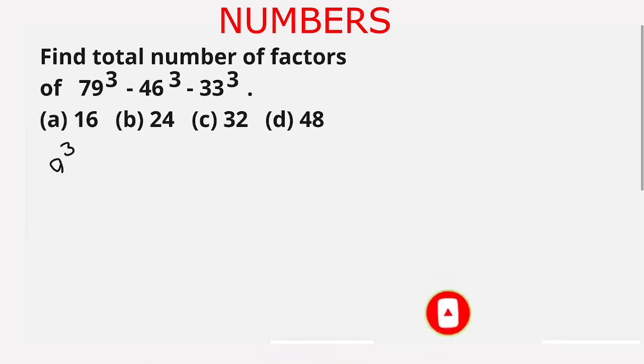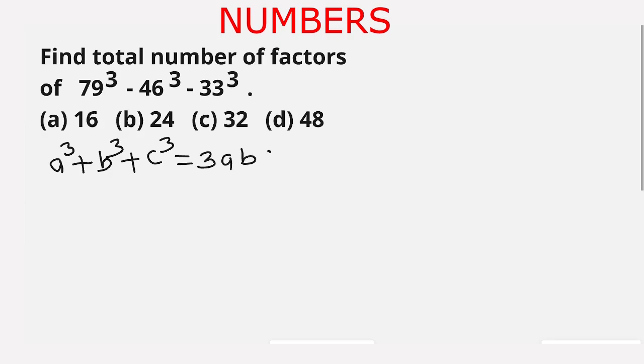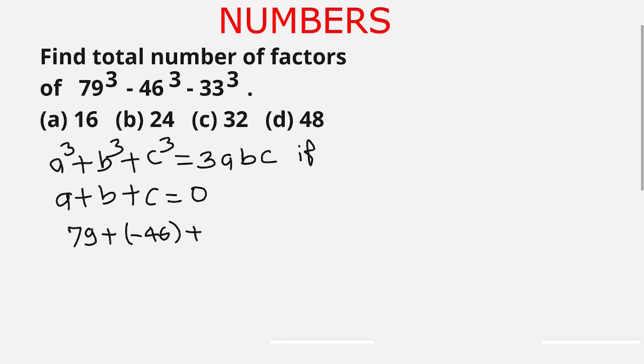We know the identity a cube plus b cube plus c cube equals 3abc if a plus b plus c equals 0. Here a is 79, b is minus 46, c is minus 33, and this all equals 0.